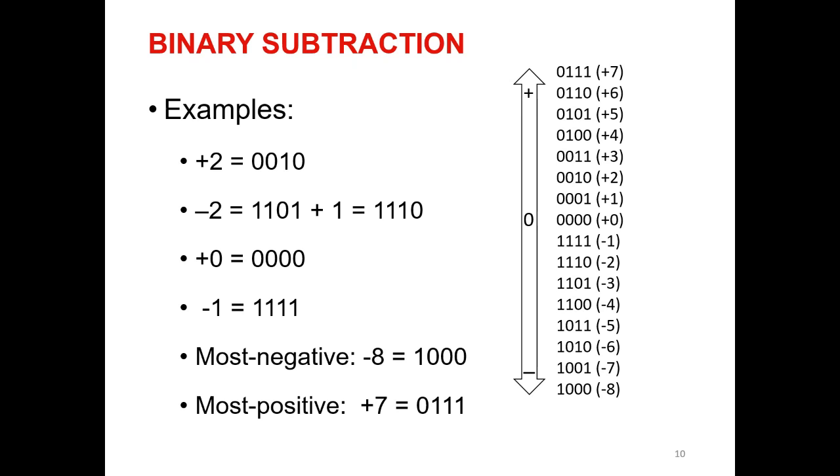So I have mentioned that the operation to negate a number with the two's complement is very simple, and you can see this example here. We are just inverting the digits of the positive number and adding one. And by doing this operation, we get the negative number.